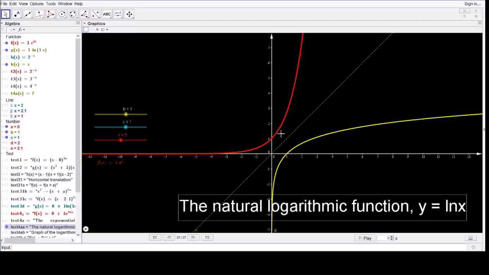The range of the exponential function is y is greater than 0, because the x-axis is a horizontal asymptote to the exponential function. As we know, when we find the inverse of a function, the range and the domain are interchanged. So the domain for the natural logarithmic function is x is greater than 0. It's undefined for x equals 0 and cannot take negative values.